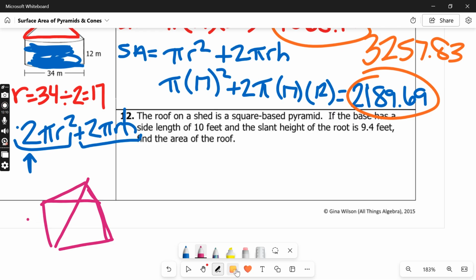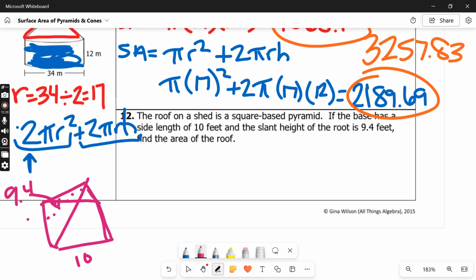It says the sides are 10 and the slant height is 9.4. Not the best drawing, but it'll work.